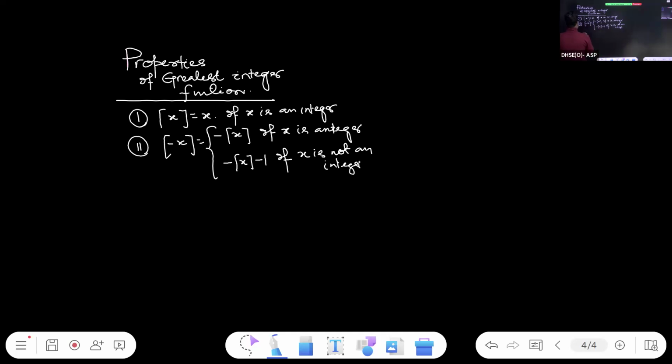Okay, then third property is bracket of x plus I is equal to bracket x plus I, where I is an integer.